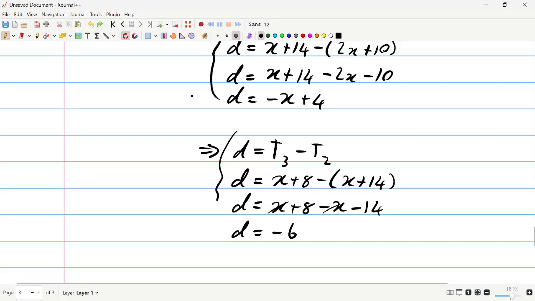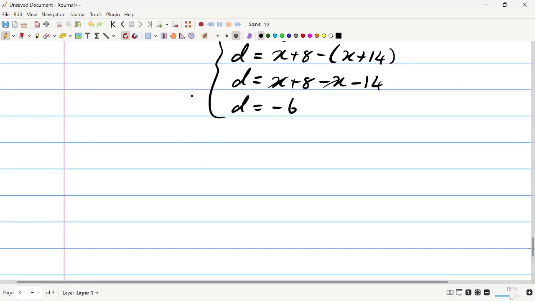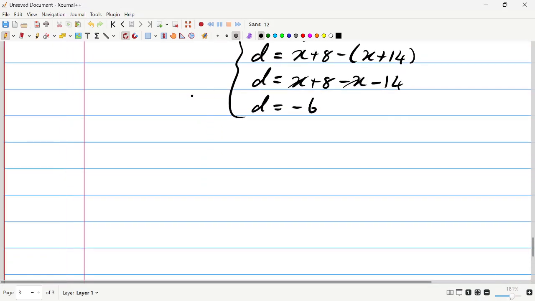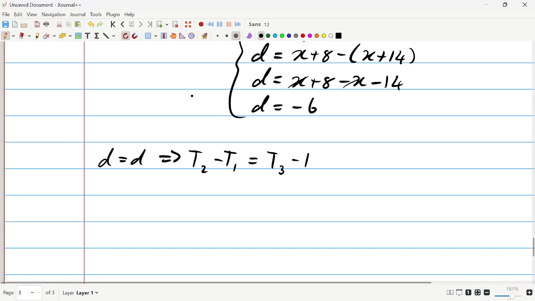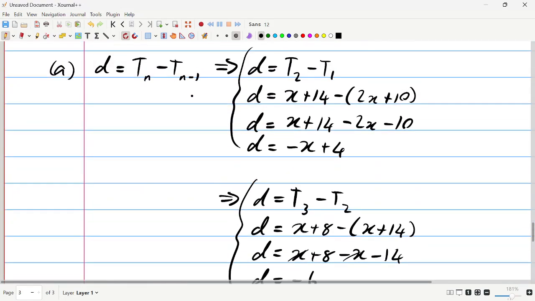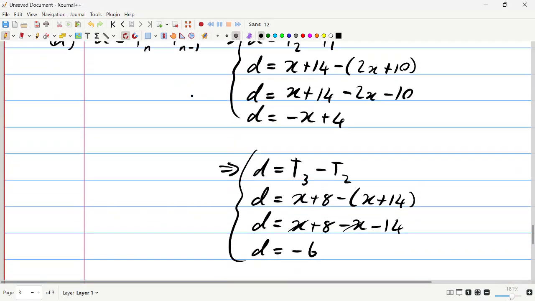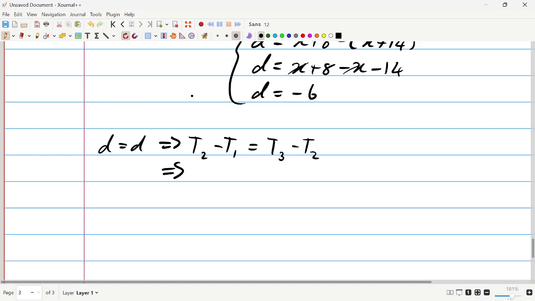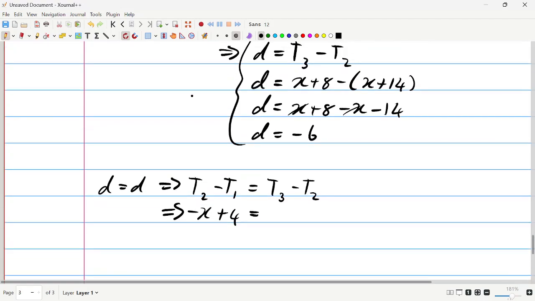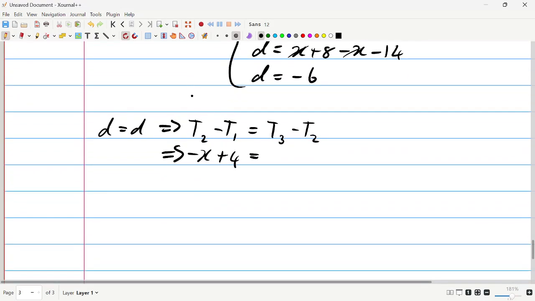Since D is equal to D, for the case where we have T2 minus T1 equals T3 minus T2, then what is T2 minus T1? T2 minus T1 is equal to minus x plus 4. And this is equal to T3 minus T2, which is equal to negative 6.